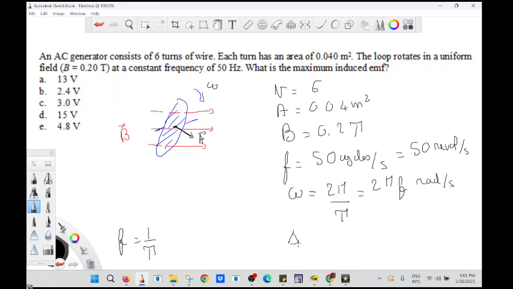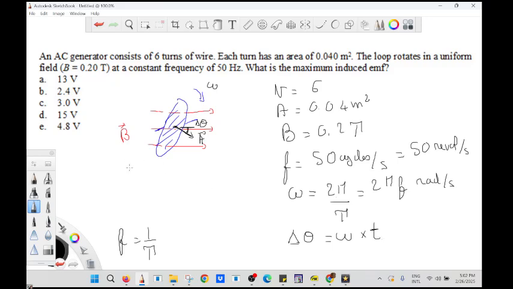So at a given time, that angle here, theta, that will be the angular displacement, is just the rotational speed times the time. So it's like delta x equals vt. That means the angular displacement, the angle swept after a time t.